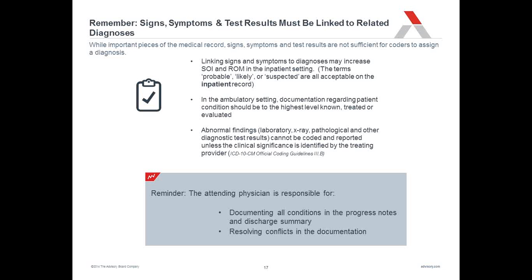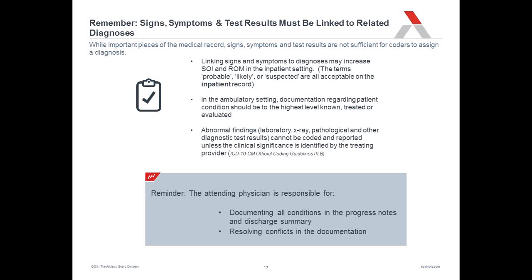A good example of this is a laboratory finding of a decreased hemoglobin and hematocrit. The coder cannot assign a diagnosis of anemia to that abnormal laboratory finding unless the physician actually links that diagnosis with the finding and states the diagnosis of anemia in his or her progress note.